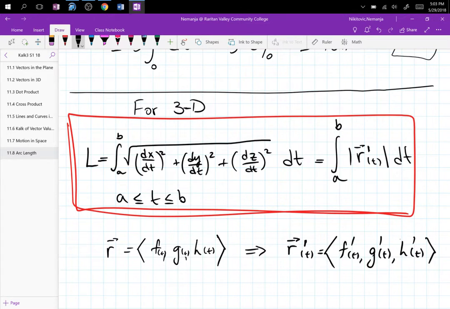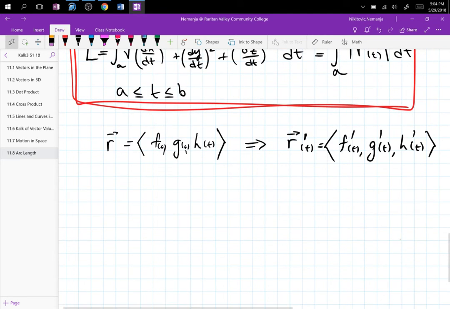So I think arc length calculations, good. Let's do problems 9 through 16. Pick a number. 14 it is.